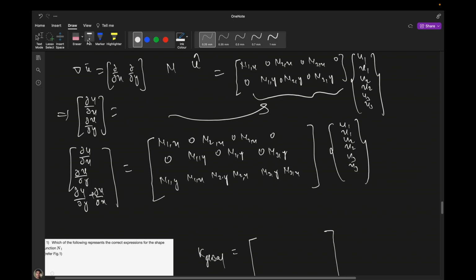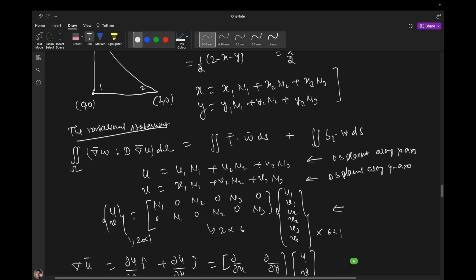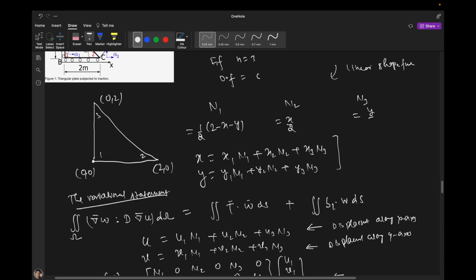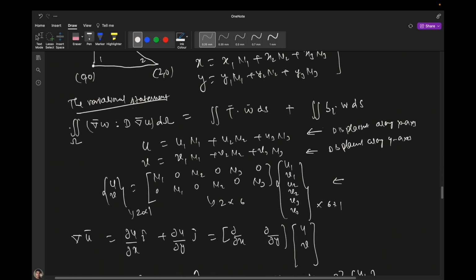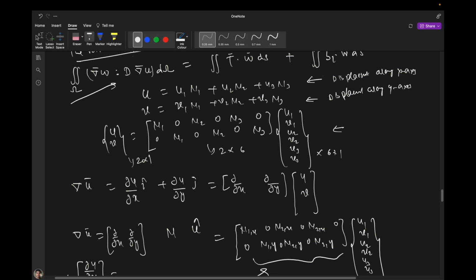This is what we need. Why do we need this? Because in this case, the variational statement, we already saw that we have to use it.